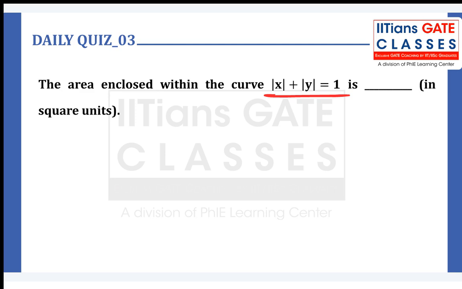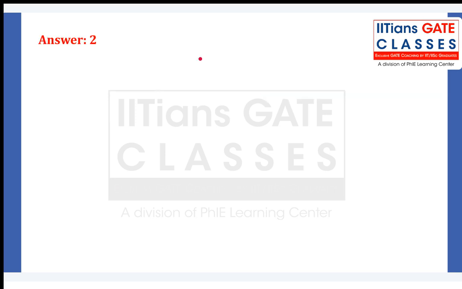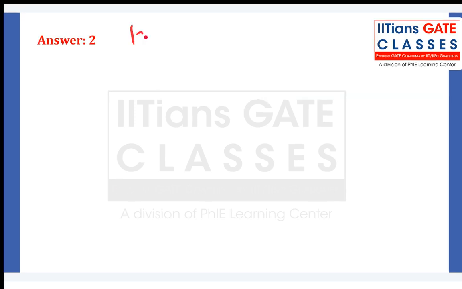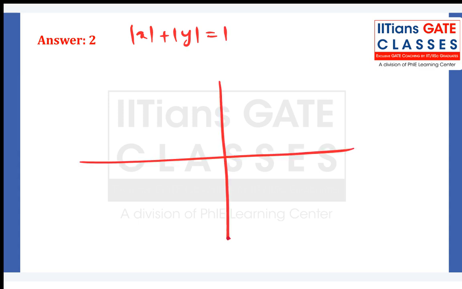This mod function is very frequently asked in your GATE exam. So let's consider this as your origin, and let's say this is your first quadrant. In the first quadrant, x and y both are positive, so this function will be x plus y equal to 1, because mod x means just x, mod y just means y.